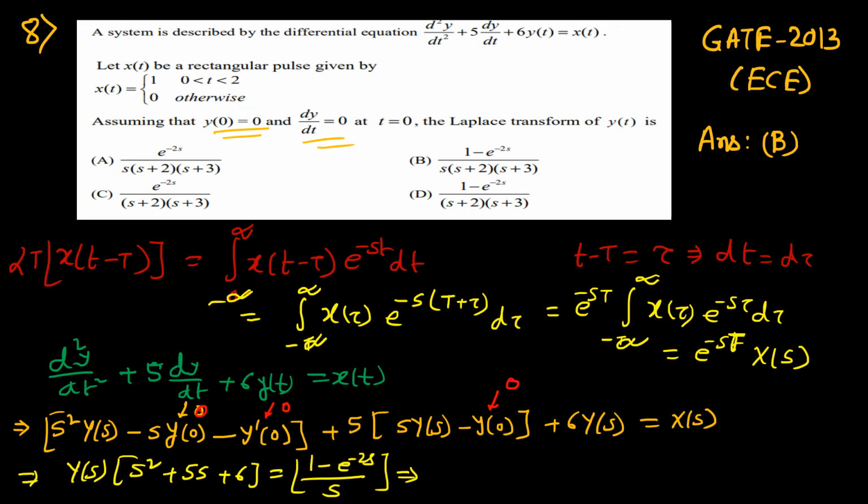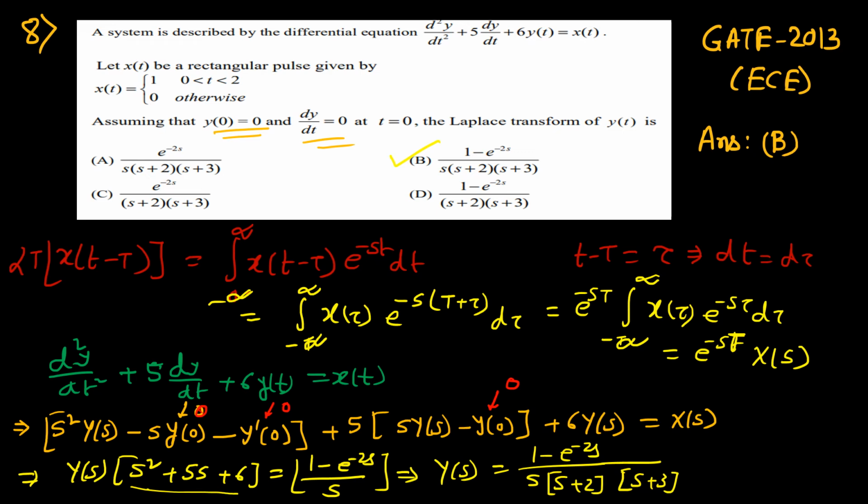So therefore, what is Y of s? Y of s will be 1 upon s square plus 5s plus 6, times 1 minus e to the power minus 2s upon s, and this one we can factor as s plus 2 and s plus 3. So this is s plus 2 and s plus 3. Okay, so this is the answer, Y of s, and this is the correct answer, it's matching, right?